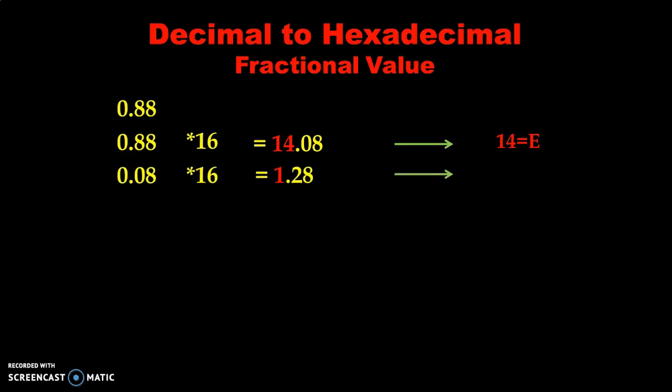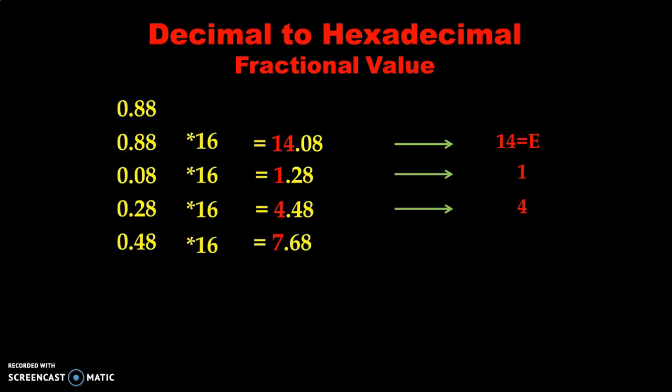So 1 is our integer value, we take it aside. 0.28 we take back for multiplication with 16, then it gives 4.48. 4 is our integer value, we take it apart. 0.48 we take back for repeated multiplication with 16, then it gives 7.68. 7 is again our integer value. 0.68 we take back for multiplication with 16, then it gives 10.88.